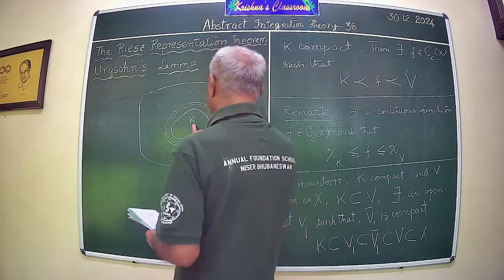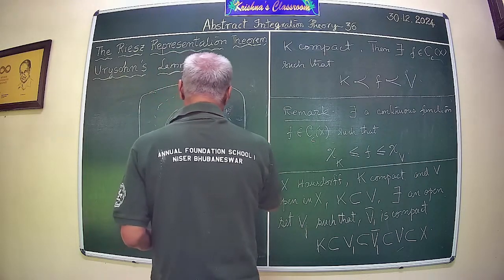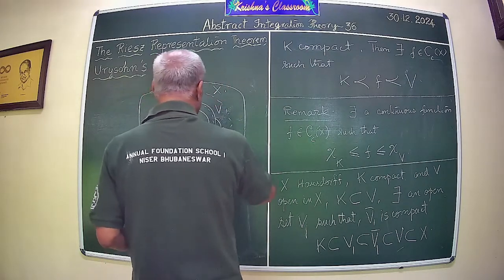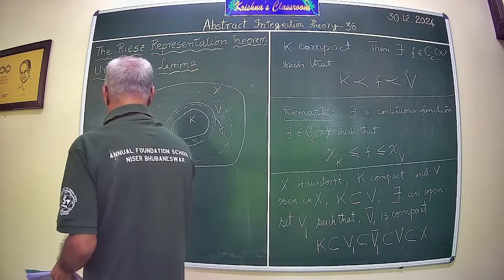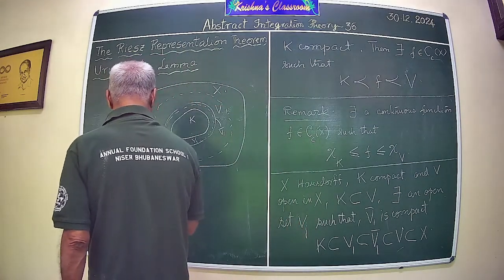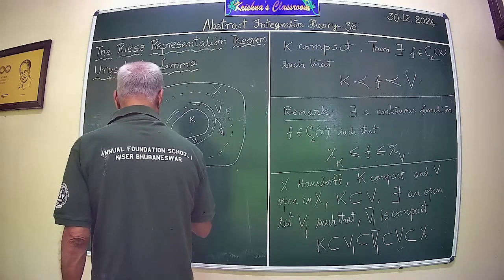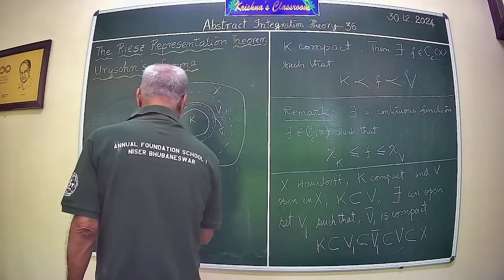So K is contained in V1, is contained in V1 closure, but V1 closure is contained in V. Okay, so K is contained in V1. It's an open set. It's contained in V1 closure, and this is compact.